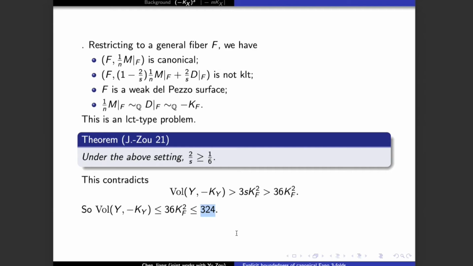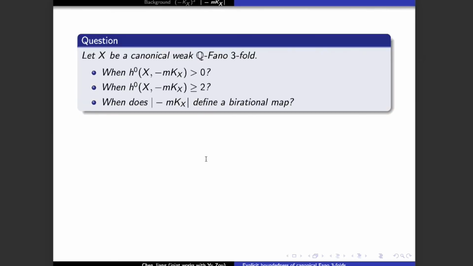Okay. So when I say the limit, because I think this theorem, the lower bound 1 over 6 is not improvable, then the method is not improvable, I think. Yeah. Okay, so this is the upper bound of the volume.